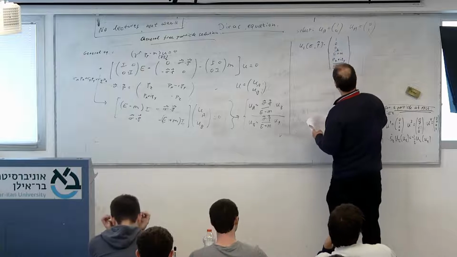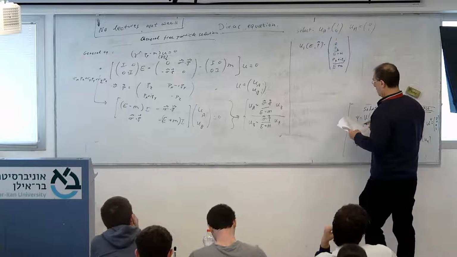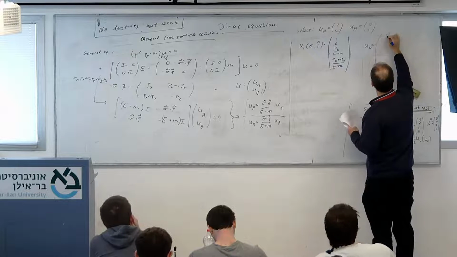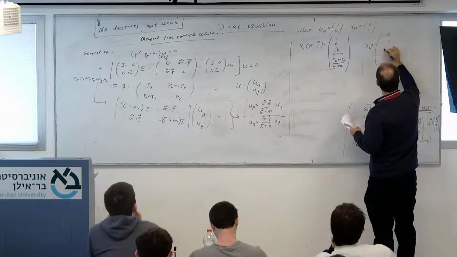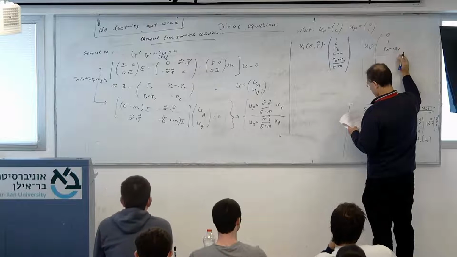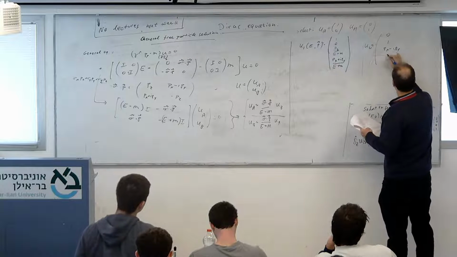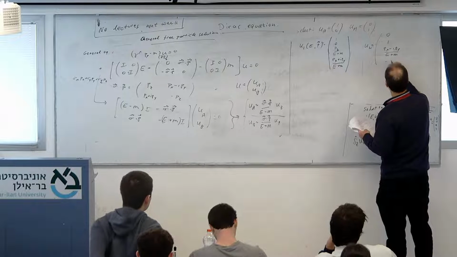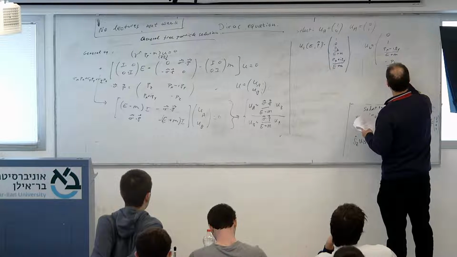You can do the simple algebra. And U2 will be 0, 1, px minus I py over E plus m, minus pz over E plus m.